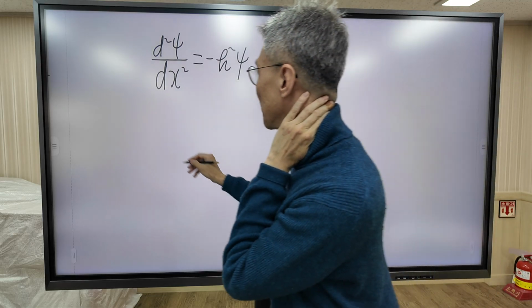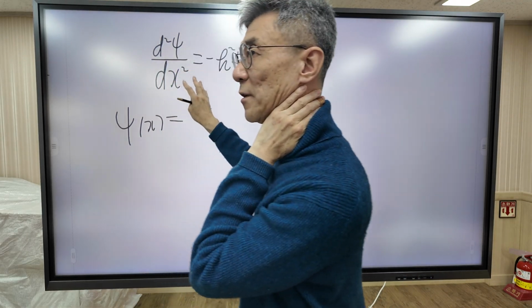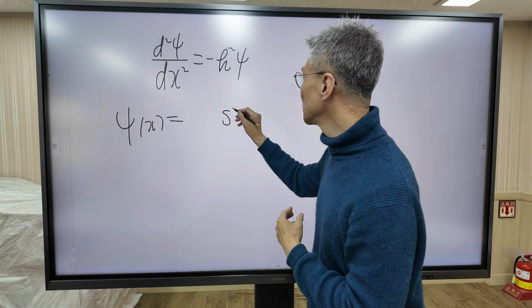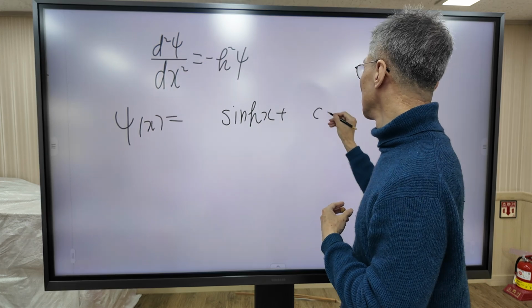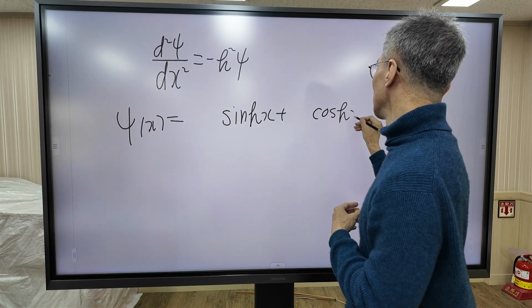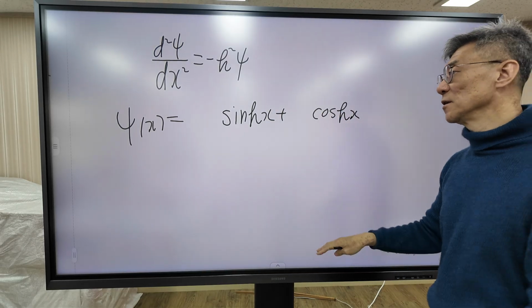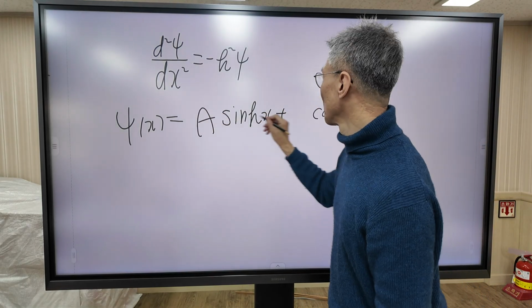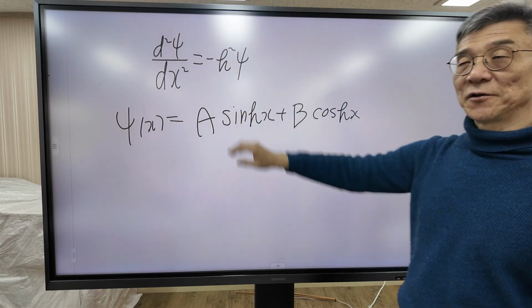And at the time, I said the solution to this Schrödinger equation has two particular solutions, sine kx and cosine kx. And the general solution of this differential equation is a linear combination of these two particular solutions. This is the general solution of this differential equation.